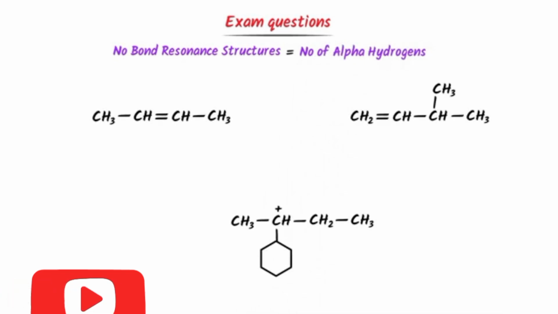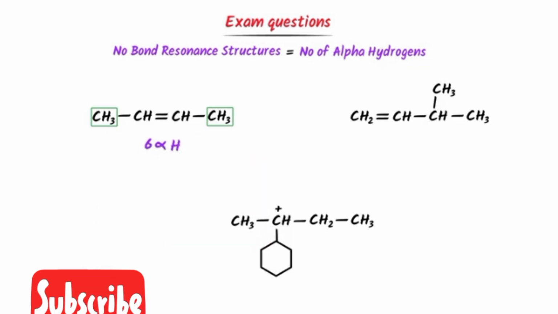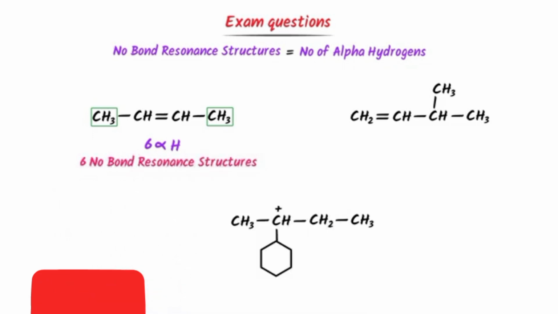Find the number of no bond resonance structures. Well, in the first one, this is an alpha carbon and this is also an alpha carbon, with 3 alpha hydrogens and 3 alpha hydrogens. Here there are a total of 6 alpha hydrogens, hence a total of 6 no bond resonance structures are possible.